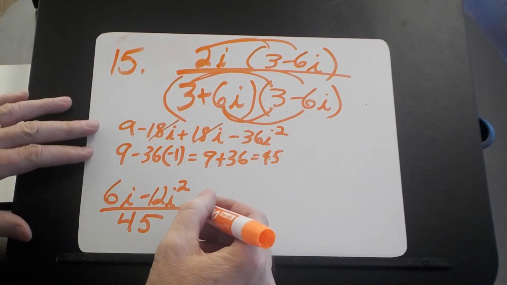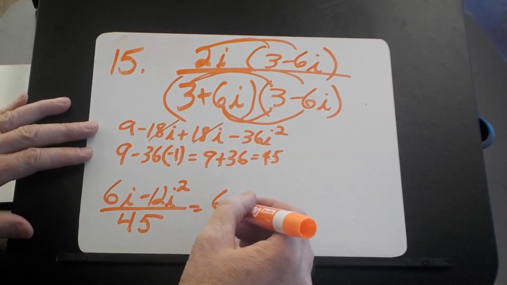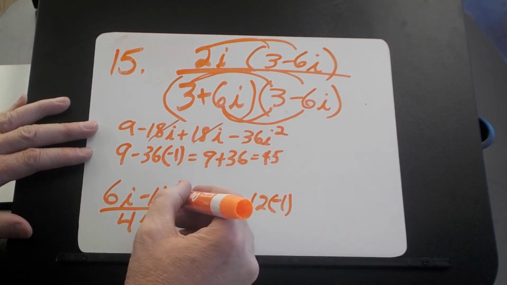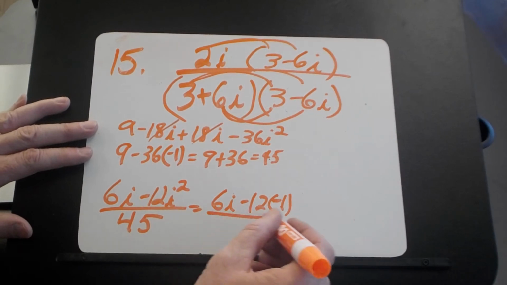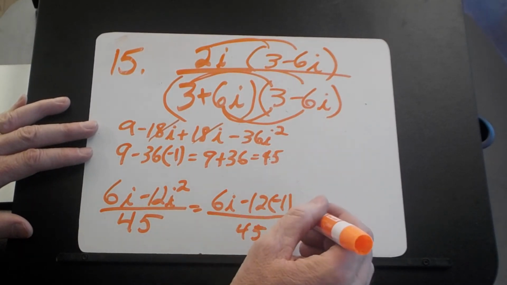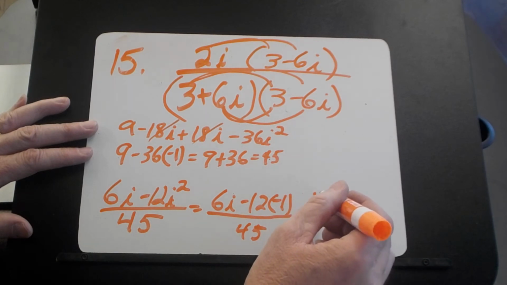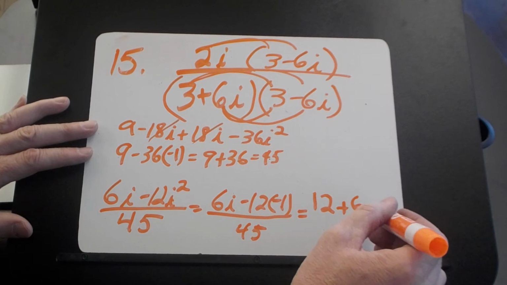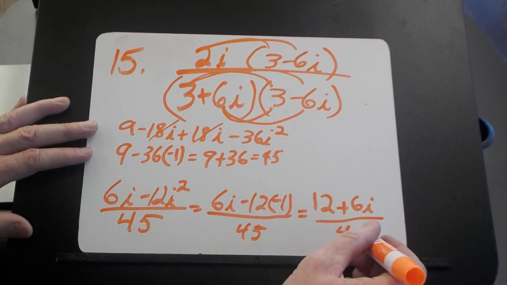And that is 6i minus 12 times negative 1, remember, i squared equals negative 1, over 45. And that's positive 12, and I'm going to write it first. And then positive 6i, I'll write it second, over 45.